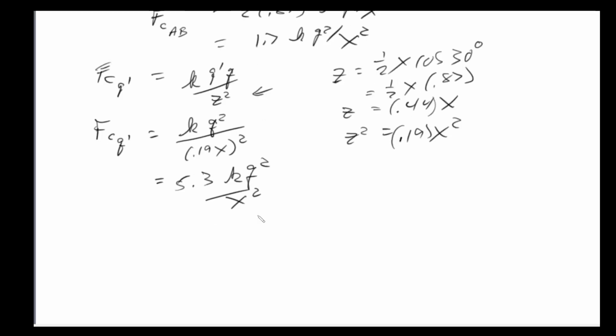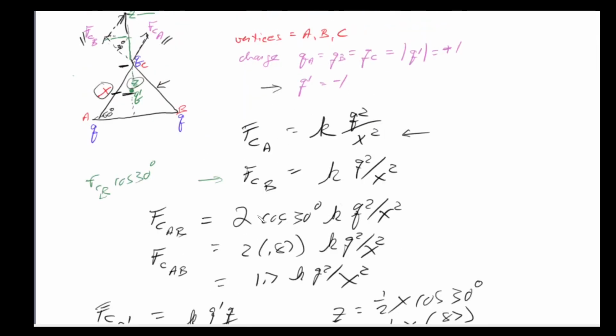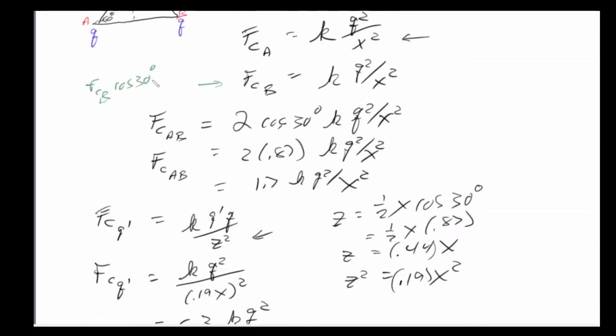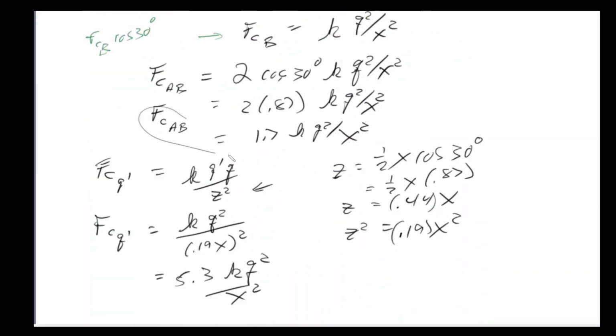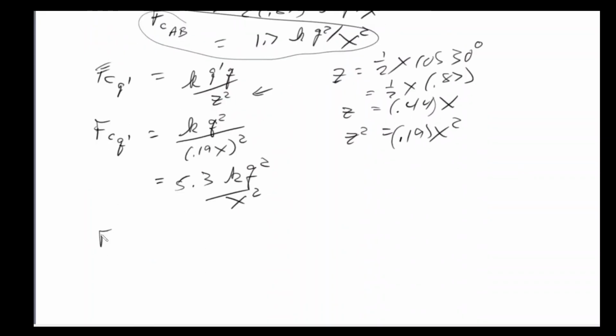So let's summarize this a bit. We have a force on the charge at C from the charge at A and B, and we found that that total force is equal to that amount. So the force on C from A and B is equal to 1.7 K Q squared over X squared.